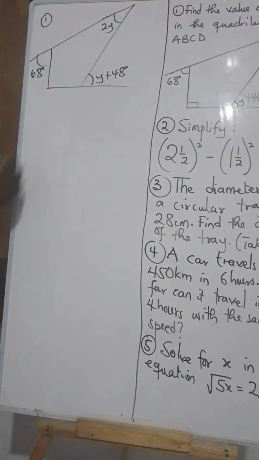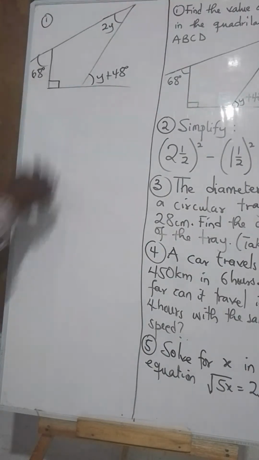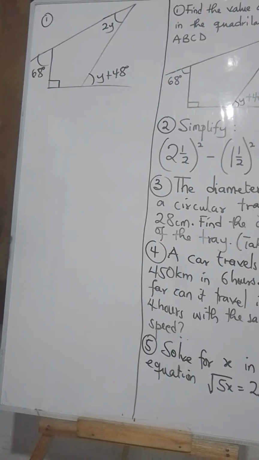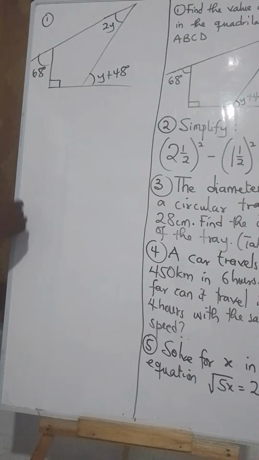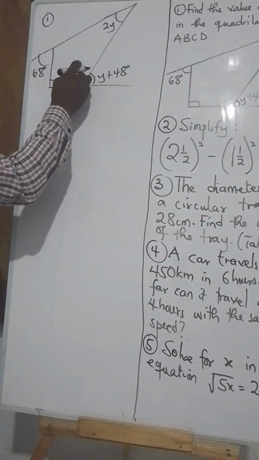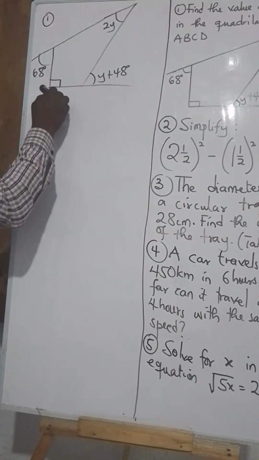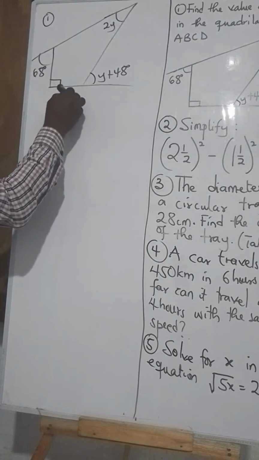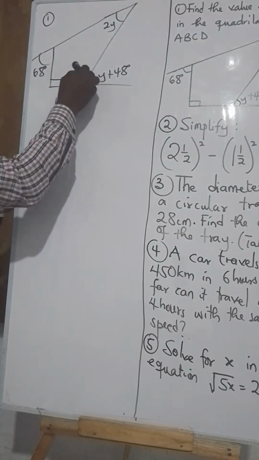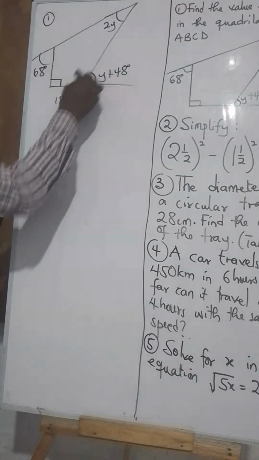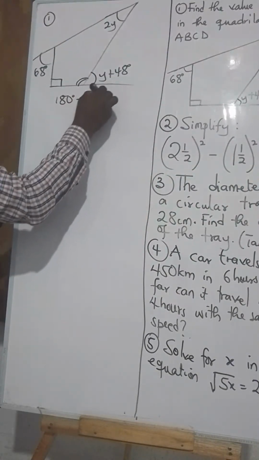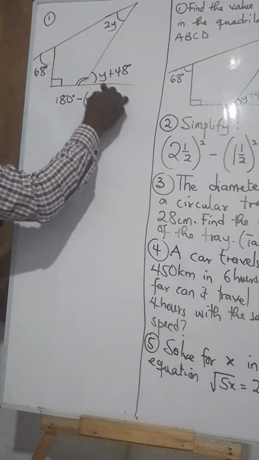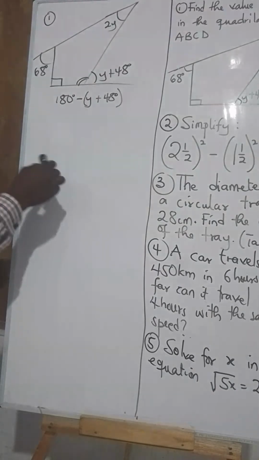Since this place is a right angle, we want to use the quadrilateral to solve it. Here, this side will become 180 degrees minus (y plus 48 degrees).